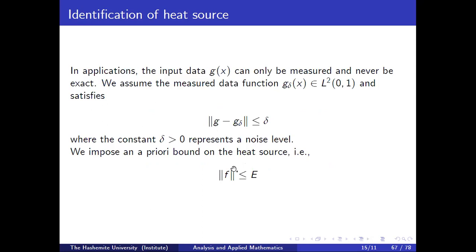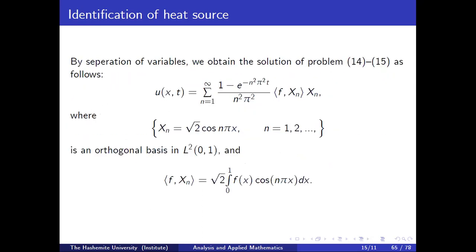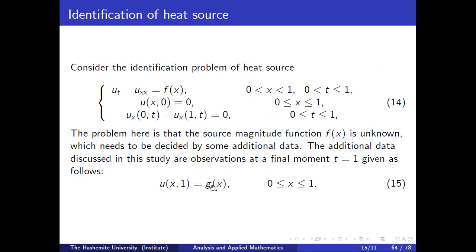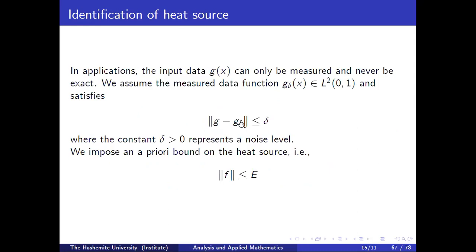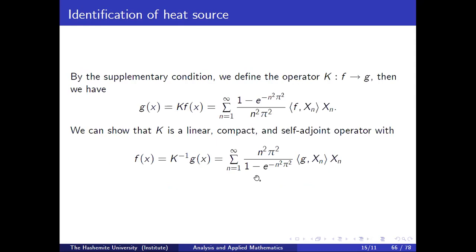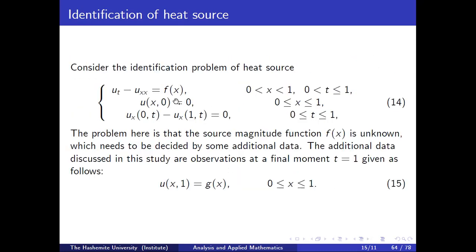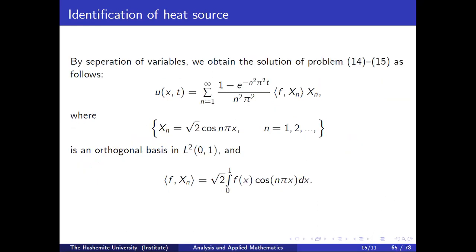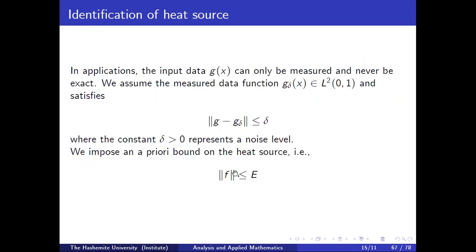Now, suppose we don't have the exact value of g because it comes from observations and measurements. So we have errors in g, with noise level delta. And we know an a priori bound on the heat source: the unknown function f is bounded by some number E.